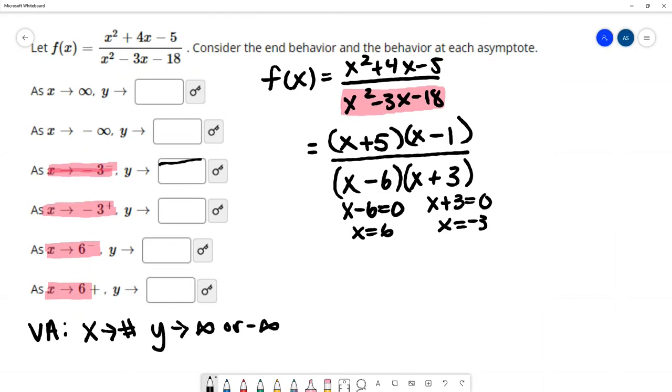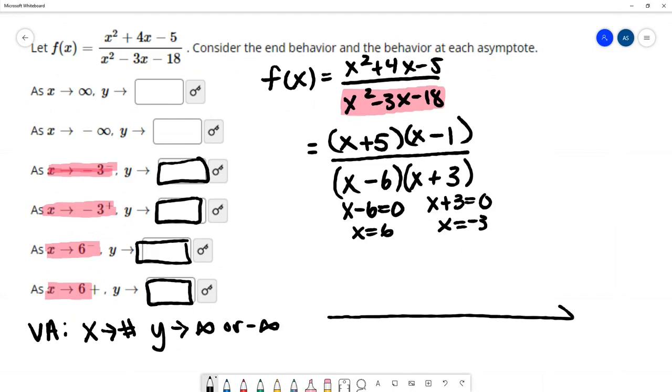So I know the answers to all of these are going to be either infinity or negative infinity. So what I want to do is figure out which one it is. And I'm going to do that with some test points. So let's draw a number line. It might be helpful to see.